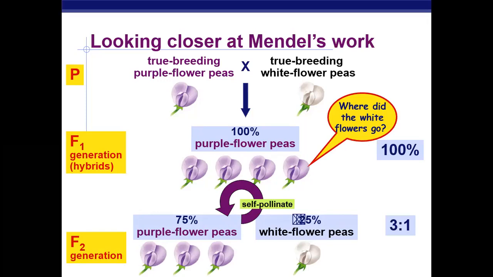Remember the ratio 3:1 for an F2 generation of true breeding dominant and recessive parents. In all of our studies since Mendel, if you have a true breeding dominant and recessive parent, in your F2 generation you will always get a ratio of 3:1 in your color. So what happened? Where did the white flowers go?